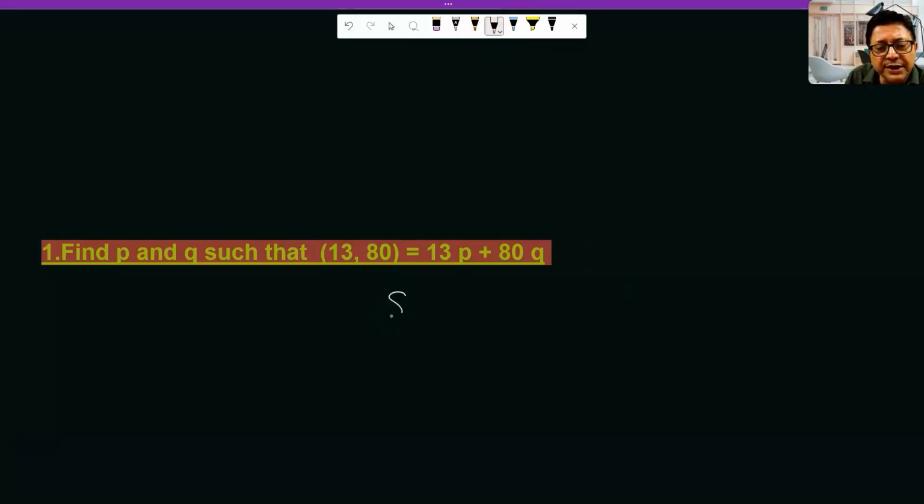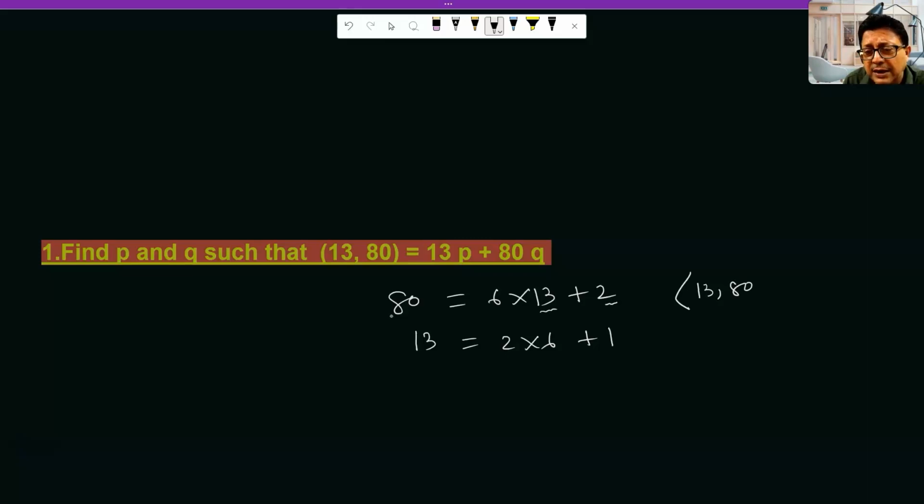You start with 80. 80 equal to what? 6 into 13 plus 2. 13 equal to what? We are concerned about this one and this one, not the quotient. Dividing 80 by 13, you got 6. We are not at all interested in 6. Only this and this. 13 will be 6 into 2 plus 1. It was HCF of 13 and 80.